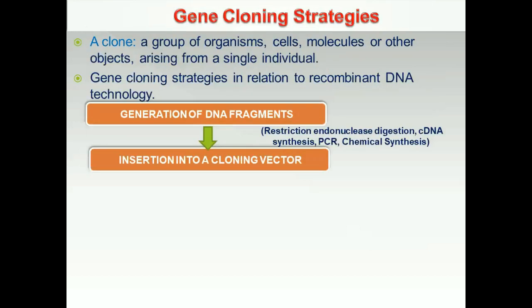So the first step is the generation of DNA fragments: by restriction endonuclease digestion, or by DNA synthesis, that is replication, or by PCR, that is polymerase chain reaction, or chemical synthesis. So we can generate the DNA fragments, which is the first step for gene cloning, or recombinant DNA technology.